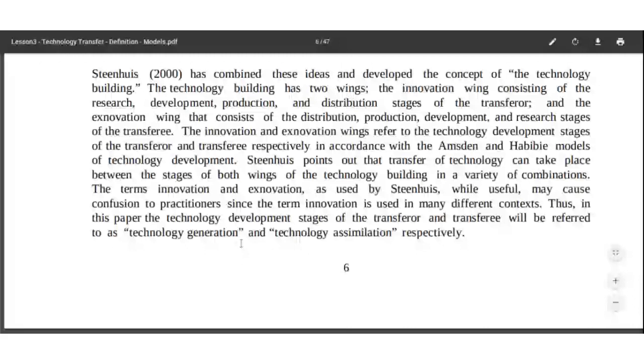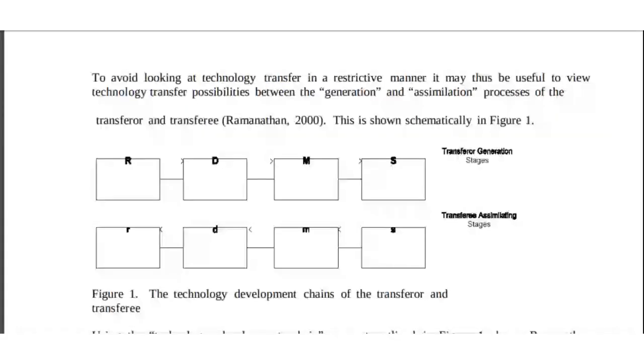Now remember, according to Steenhuis, transfer can happen at any point. So in other words, the top row of blocks, these squares or rectangles, describe the transferer, written in big letters, and then the stages that happen in the transferee, the lower blocks, are also labeled with small letters.